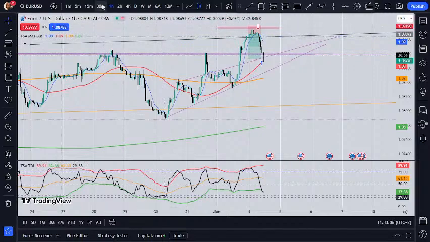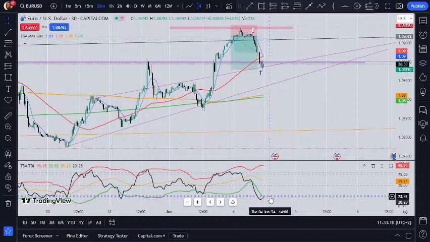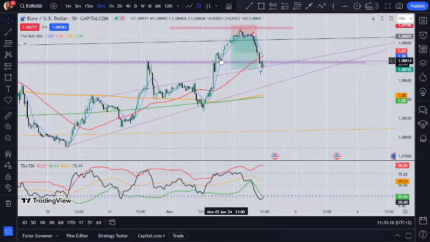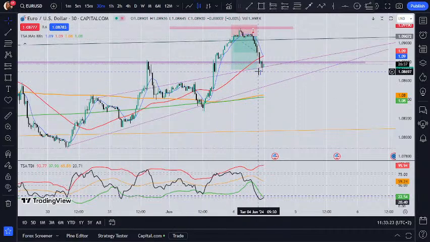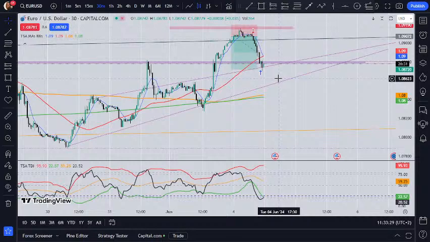So let's check out the 30. The 30 is a shark fin already. So you see another block there. If this closes all the way up to there, I'm buying.